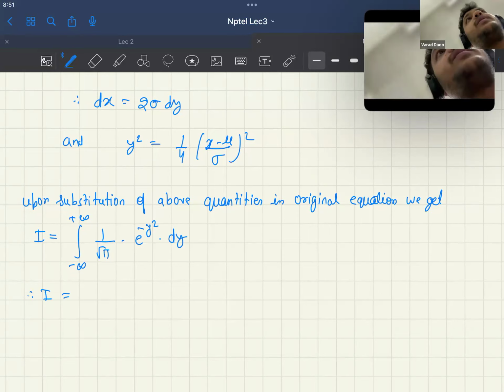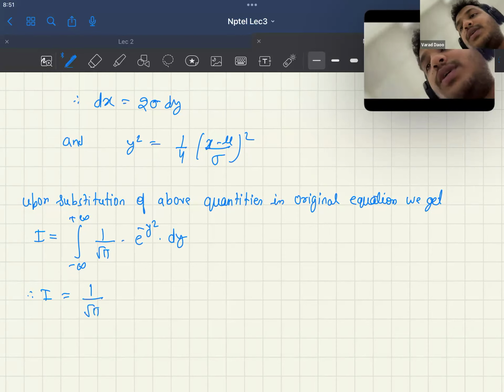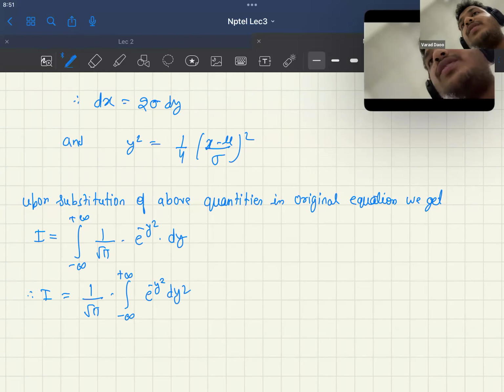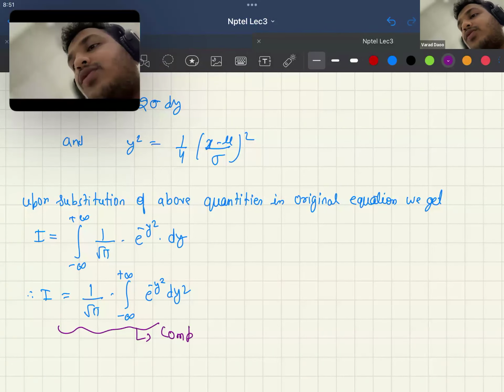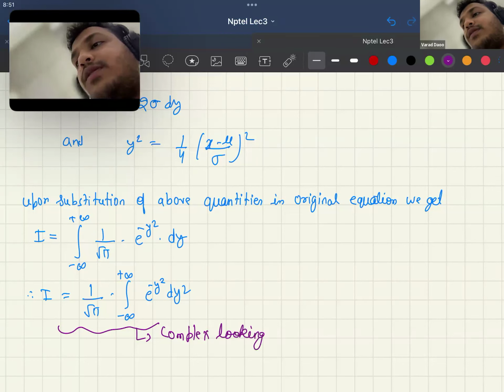So for I, 1 by root pi goes outside because it's a constant, minus infinity to plus infinity e to the power minus y square dy. Now how are you going to solve it? Complex looking integral.